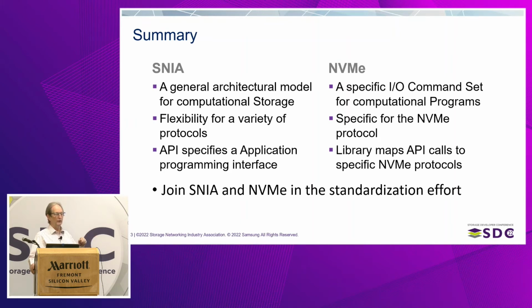So if you are allocating memory in that API, depending on the library installed below it, it could operate over CXL, NVMe, or even SCSI. It could operate over any lower layer protocol. It's an abstraction that gets you away from the protocol layer, so you don't have to think about what protocol commands you need in order to utilize computational storage, and my application can use it no matter what I put below it.